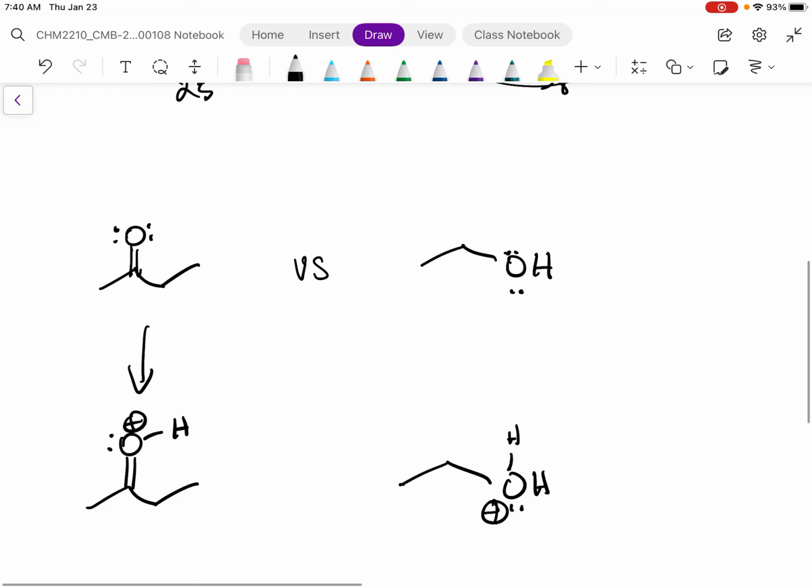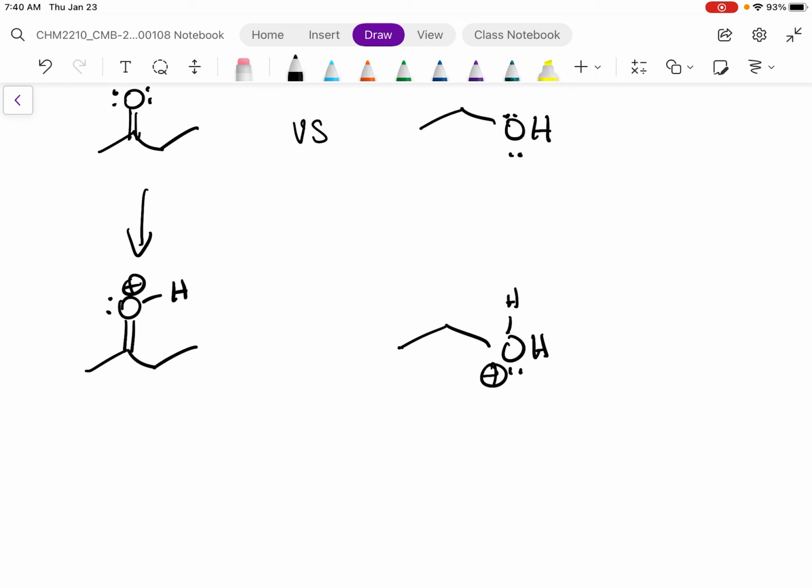Now in this particular example, we would do the same thing if we know the pKa's. But these are structures that I did not have you memorize. So I would have to give you the pKa's for this particular problem at this moment in time.